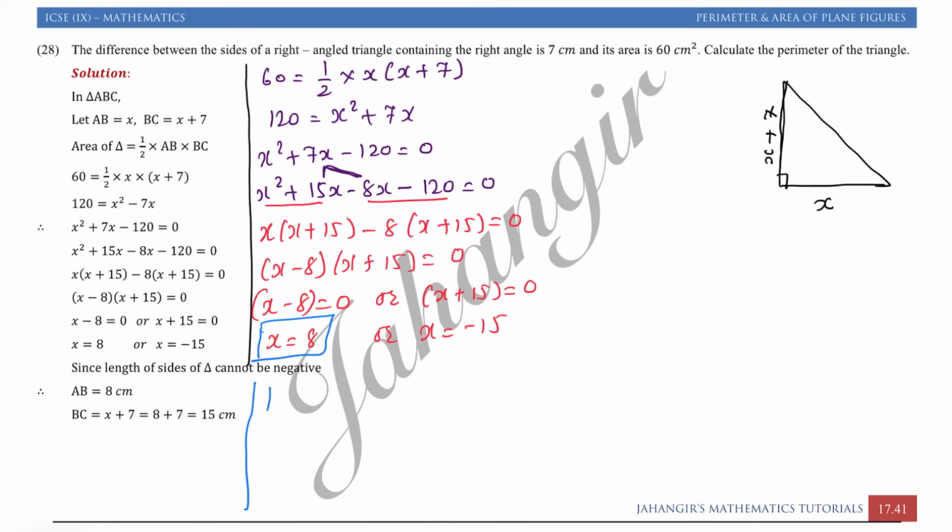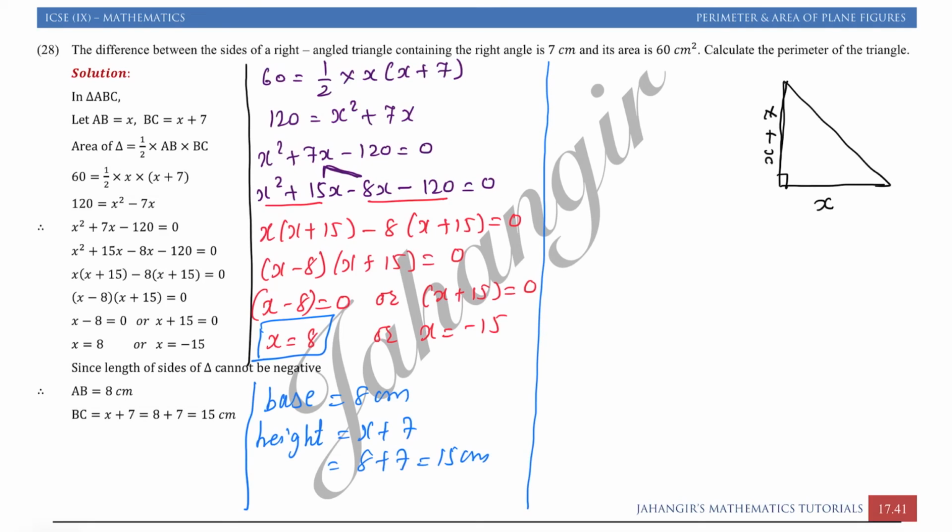So therefore base is equal to 8 centimeter and height is x plus 7, that is equal to 8 plus 7, which is 15 centimeter. Now we will find the hypotenuse by Pythagoras theorem for the perimeter.